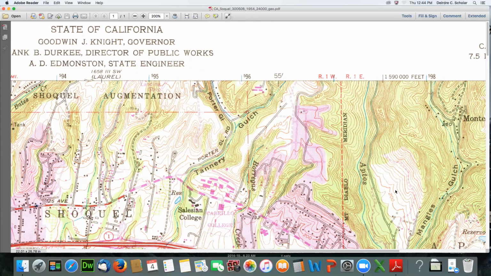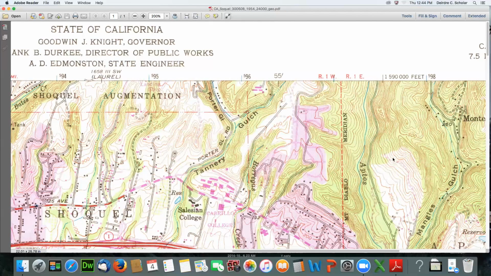So between this index contour and this index contour, we've gone from 200 feet to 300 feet, and the next one would be 400 feet, and the next one would be 500 feet. So they are going every 100 feet. So the index contour interval on the SoCal quad is 100 feet.